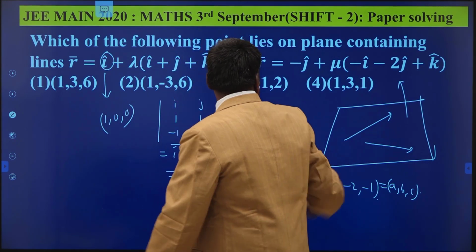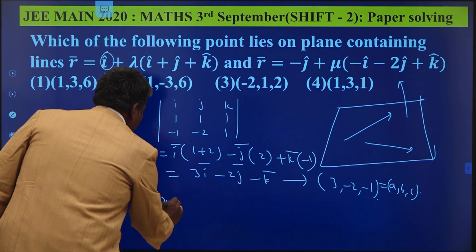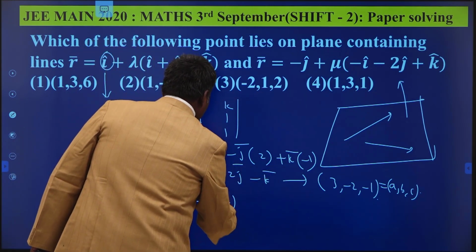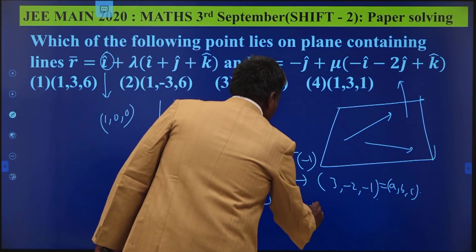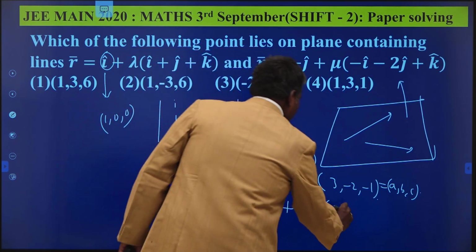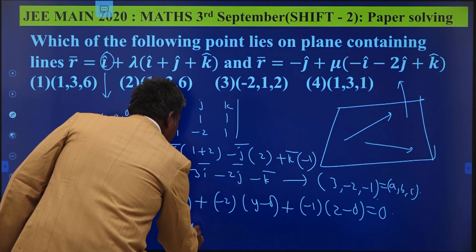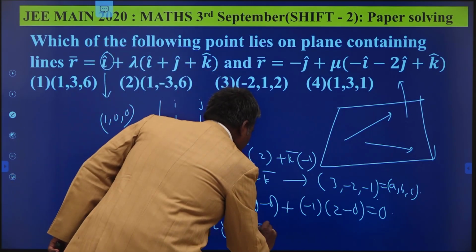The equation of plane is what now? 3 times of x minus 1 plus minus 2 times of y minus 0 plus minus 1 times of z minus 0 is equal to 0. We get 3x minus 2y minus z is equal to 3.